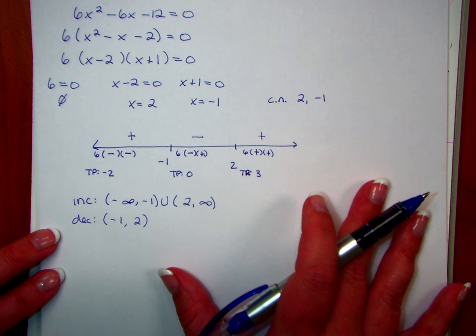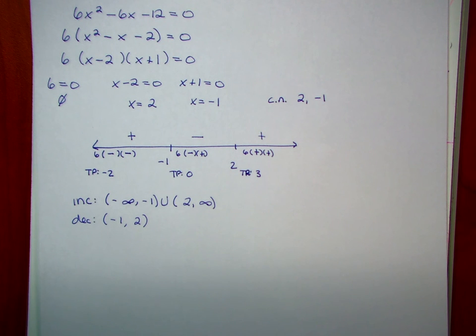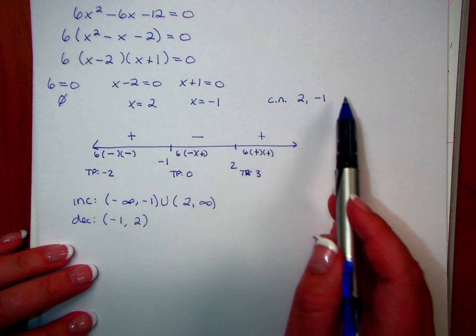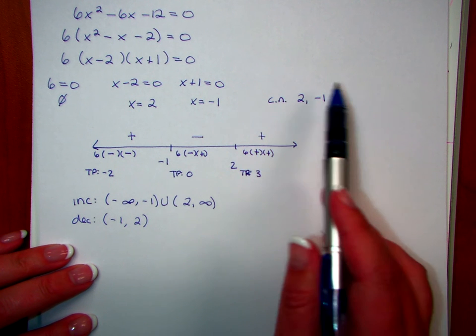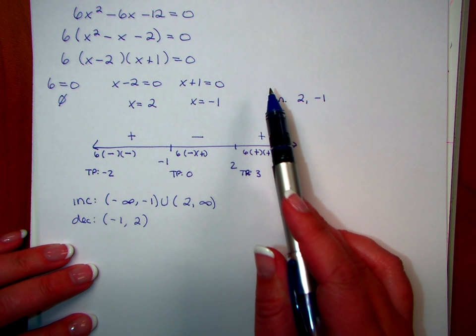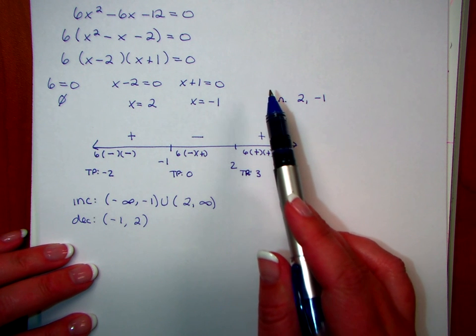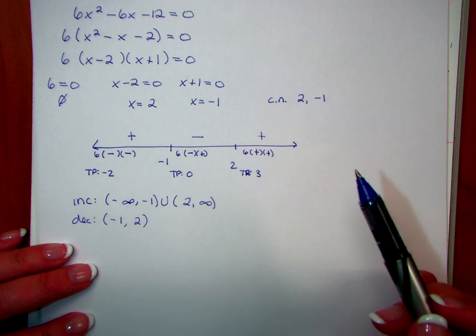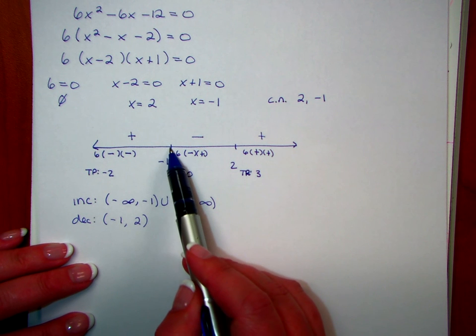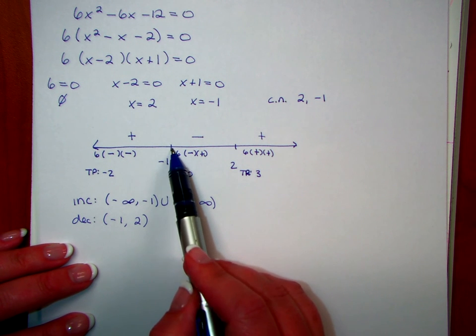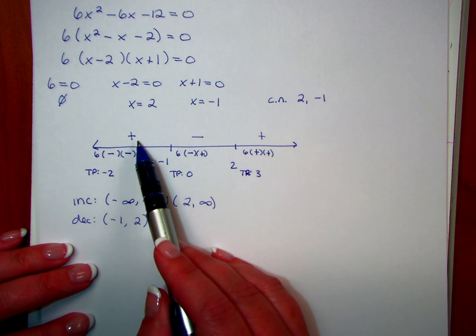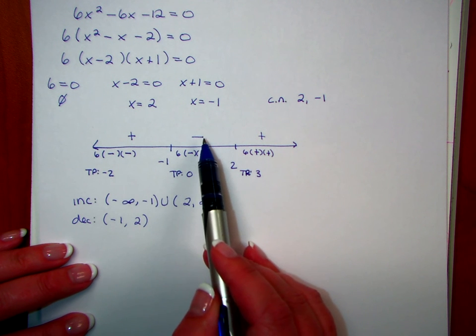Now on top of this increasing, decreasing test, we can do the first derivative test. So at these critical numbers where the derivative equals 0, if it changes from positive to negative or negative to positive, we have either a max or a min. So here's my critical number, negative 1. At negative 1, the derivative is 0. But it's positive on one side and negative on the other. So it's changing.